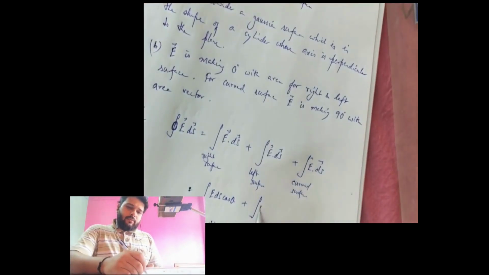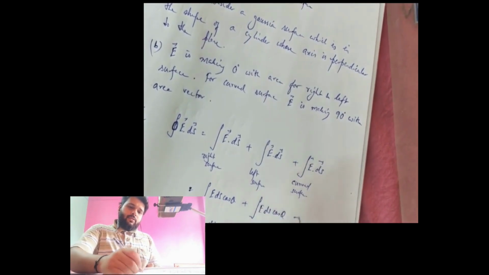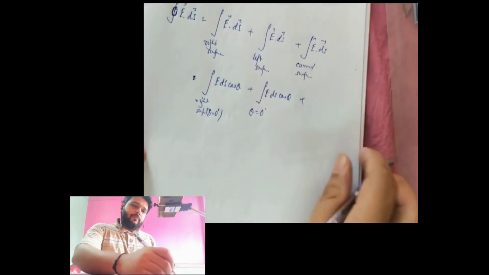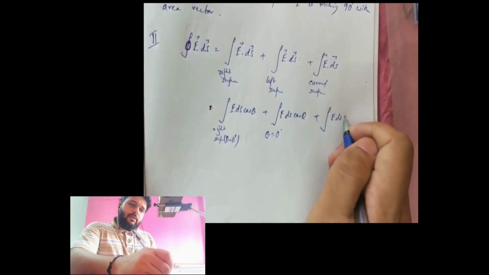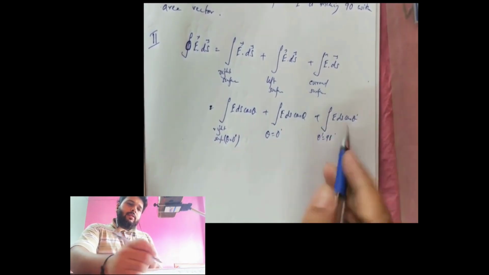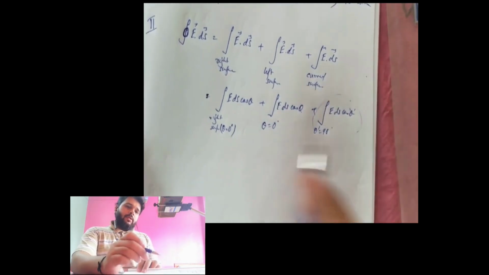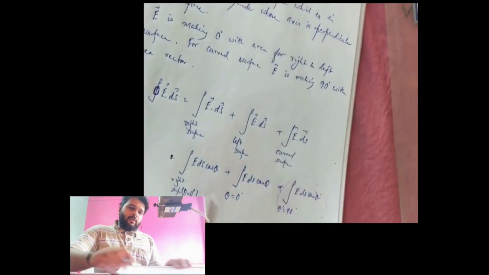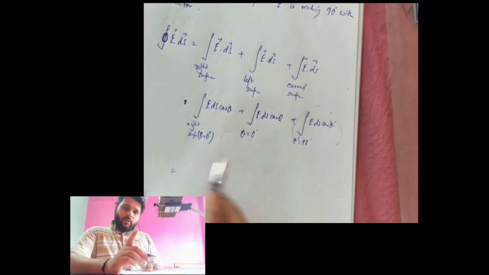So for the right surface and left surface theta is 0 degrees, and for the curved surface, ds cos theta, theta is 90 degrees. So this will be 0, because cos 90 degrees is 0, so this portion will become 0. Now cos 0 degrees is 1.